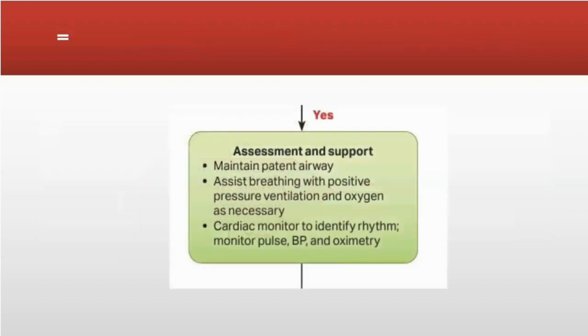If the answer is yes, we'll go on to assessment and support. Basically, you need to maintain a patent airway, assist breathing, give positive pressure ventilation and oxygen as necessary, and use a cardiac monitor to identify rhythm, and monitor the pulse oximetry and blood pressure.